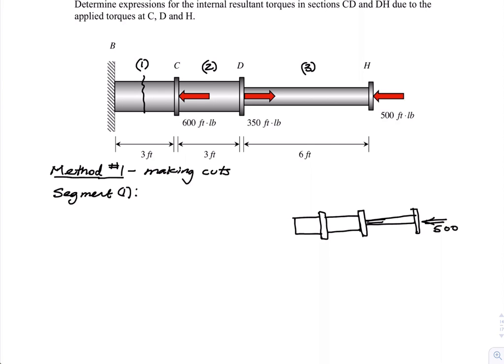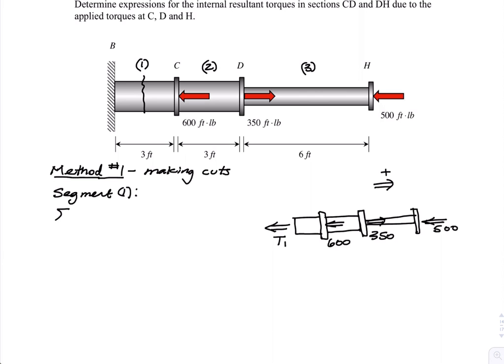I've got 250. I'm sorry, that's 350, isn't it? 350 and 600. And so I'm going to have my sign convention, I'm going to say is plus that way. And I want to find out what the resultant torque, internal resultant, is in segment 1.